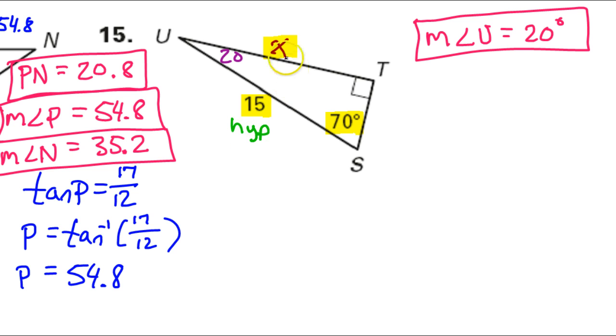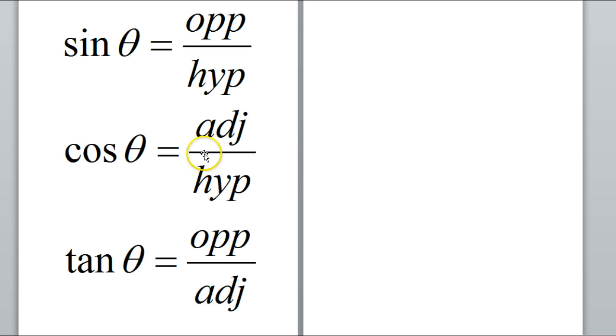What about X then? Is this opposite leg or adjacent leg? Remember, we're saying from the 70, okay? So from the 70, this is the opposite leg because it's across from. The adjacent leg would have been right here. So we're looking for the opposite leg, and we're given the hypotenuse. Opposite and hypotenuse. Which function is that?